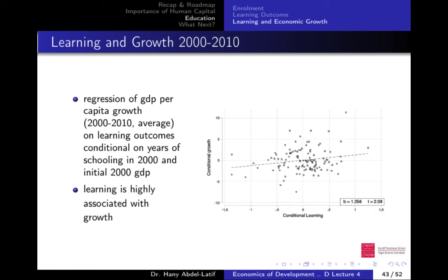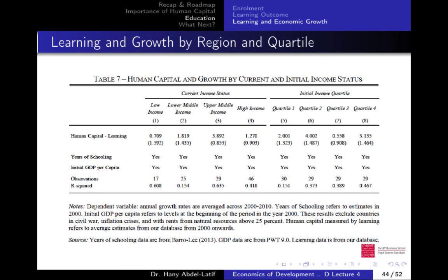This is a regression between growth and conditional learning, which means learning conditional on the fact that they attend school, of course. It's not very surprising, but as I said, it's empirical evidence. I'm going to finish with this table, where they did the same regression in different regions.